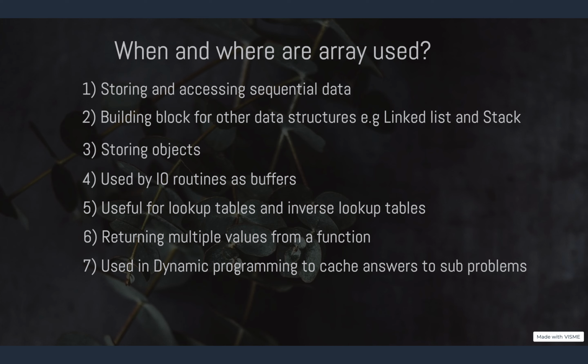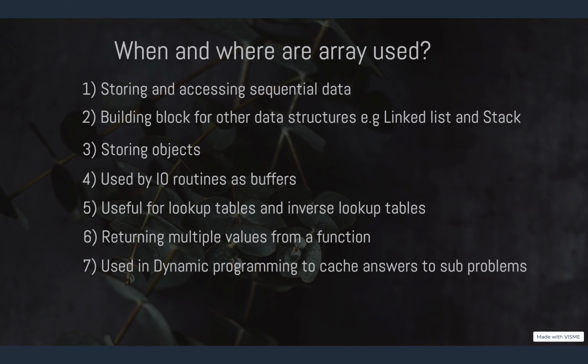So the third usage is storing objects. You can use an array to store objects. Well, if you're a programmer already, I believe you should be familiar with this. Another use of an array is that it is used by IO routines as buffers. We use an array as a buffer to store information from an input or output stream.